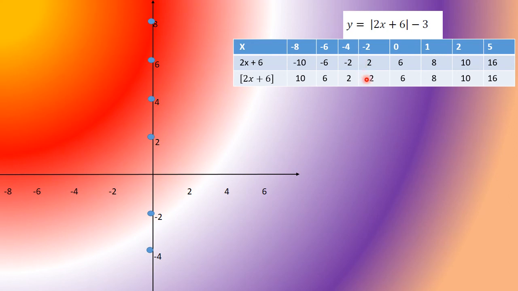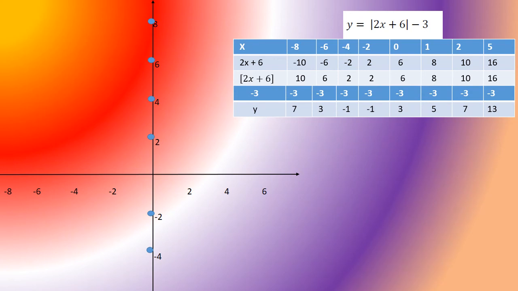So the modulus is the same, plus 2. When you substitute 0, the output is 6. When you substitute 1, the output is 8. When you substitute 2, the output is 10. When you substitute 5, the output is 16.